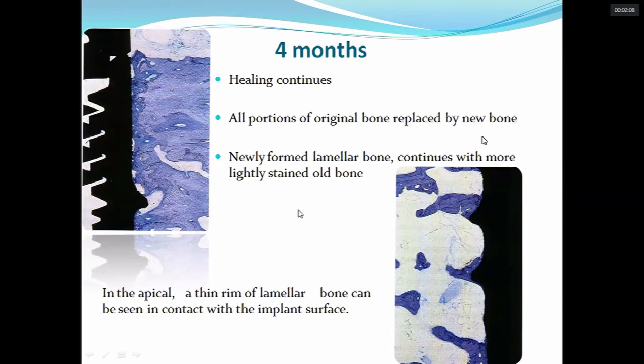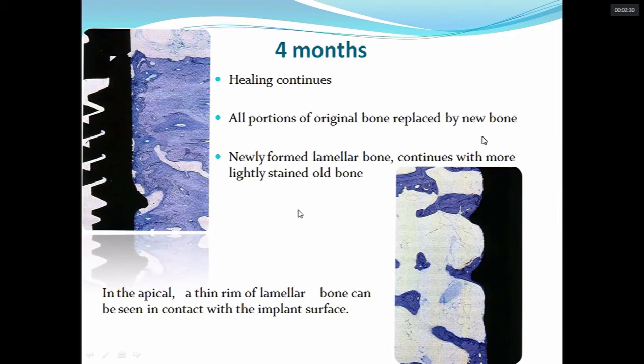According to Brånemark, we should not load the implant in this healing period. But nowadays, there are a lot of changes in implant surfaces and implant design, and there are protocols which we are following, according to which we can load the implant, but there are criteria.